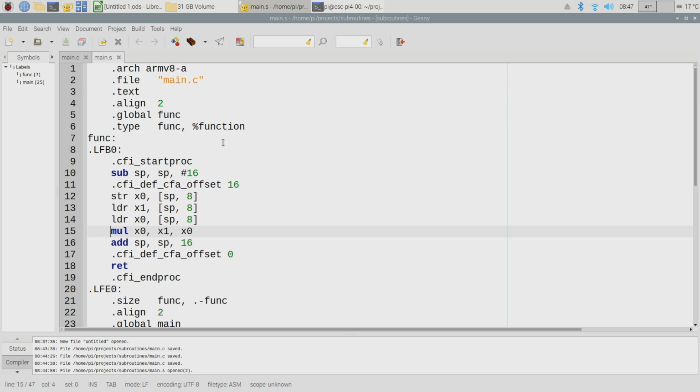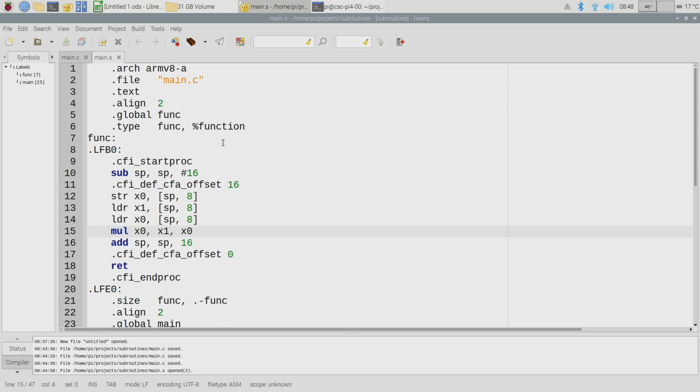But then also, the convention is when you pass an answer back from a subroutine, if you're going to pass a single number back, where should it be located right before you return? x0. And if you're passing 3 things back, it'd be x0, x1, and x2, and so on. If you're passing back like a million things, then you're going to be storing stuff to memory and not doing it with registers.